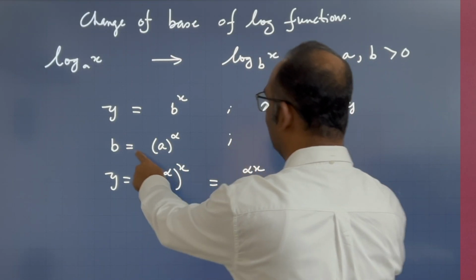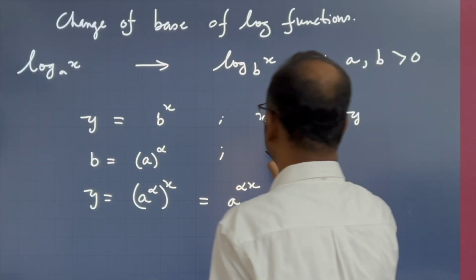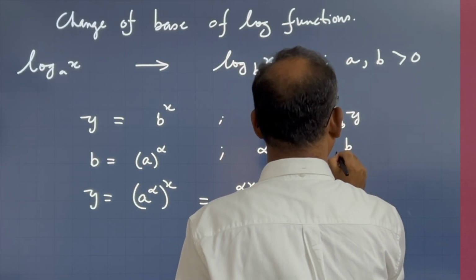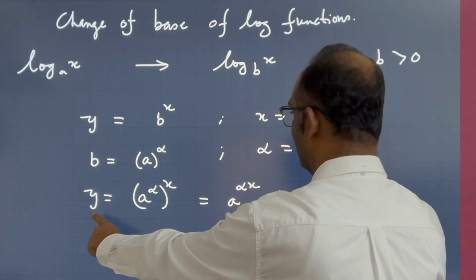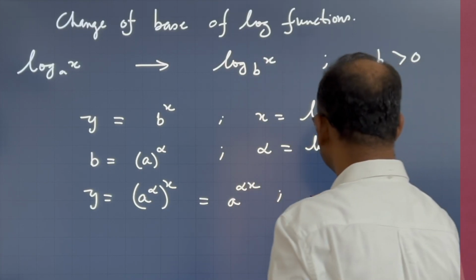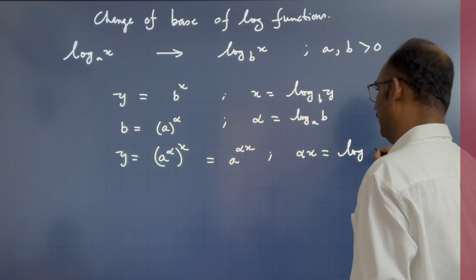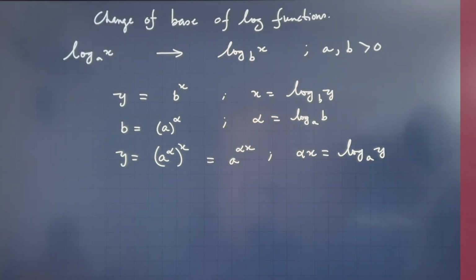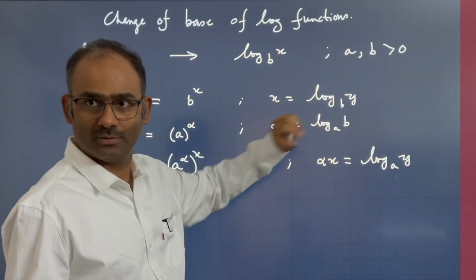If b is equal to a to the alpha, then alpha is log of b to the base a. Very good. If y is equal to a to the alpha x, then alpha x is log of y to the base a. Correct? This is fine.